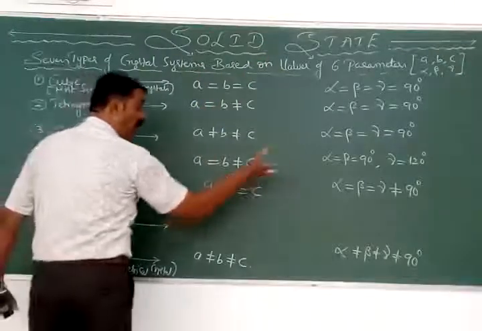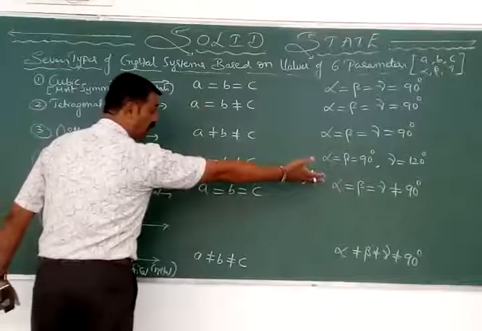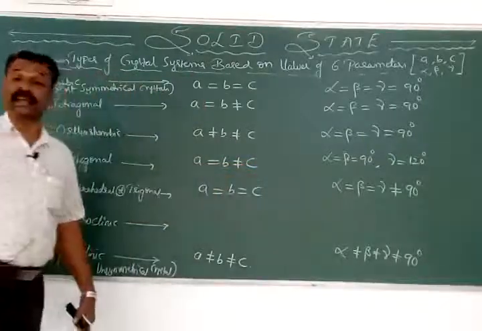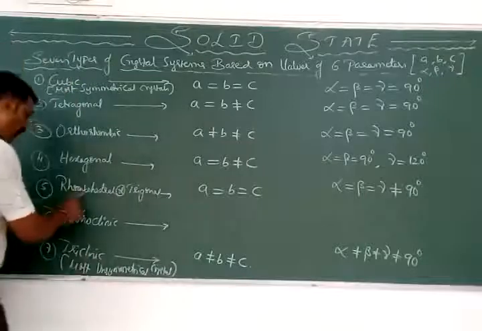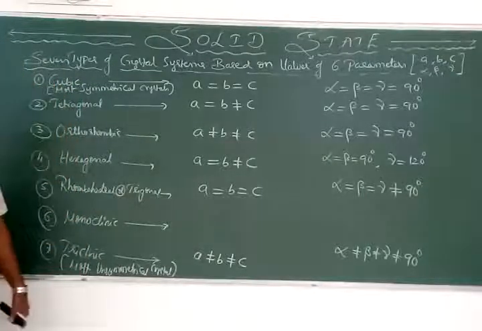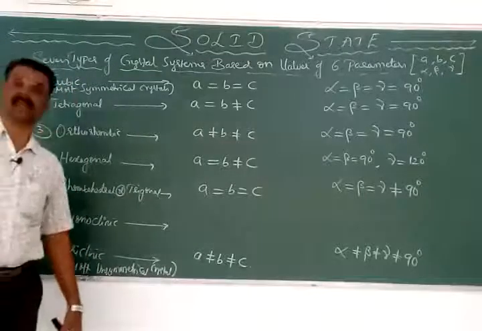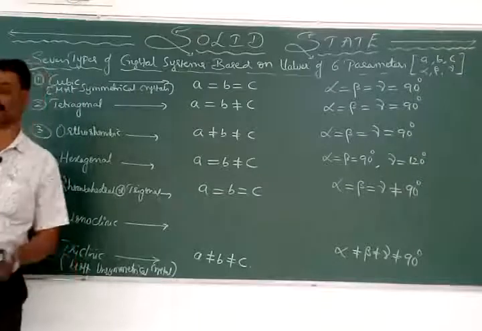If all the edge lengths are equal and all the axial angles are equal but not equal to 90, that refers to rhombohedral. It is also called the trigonal crystal system.